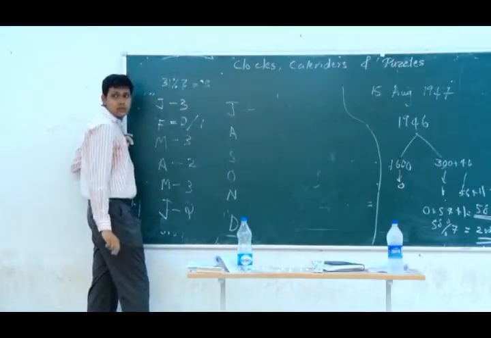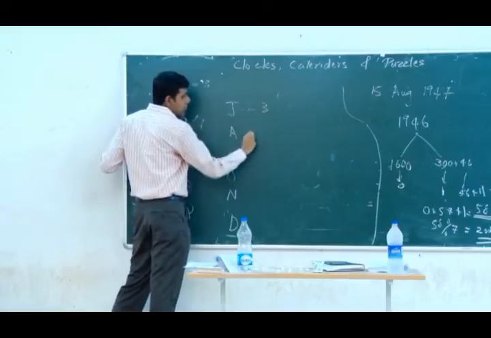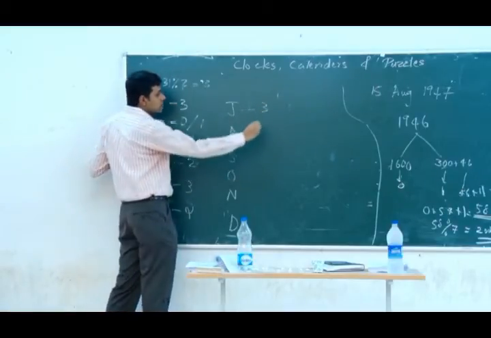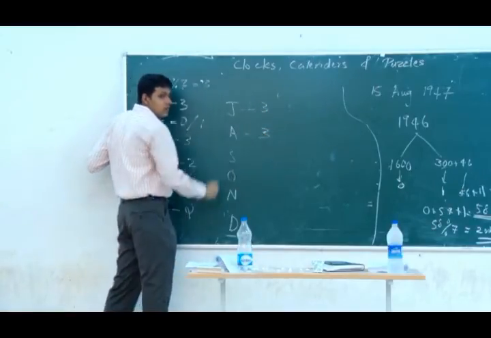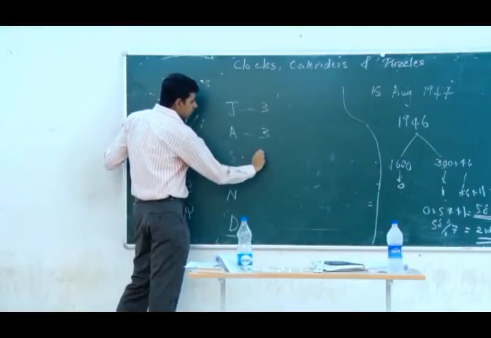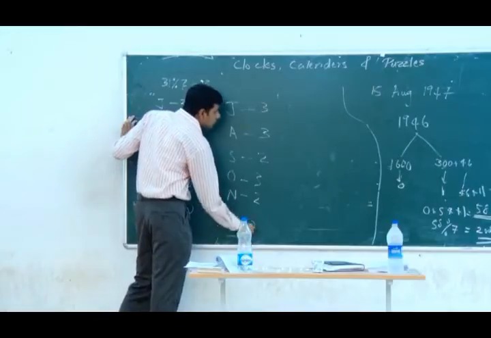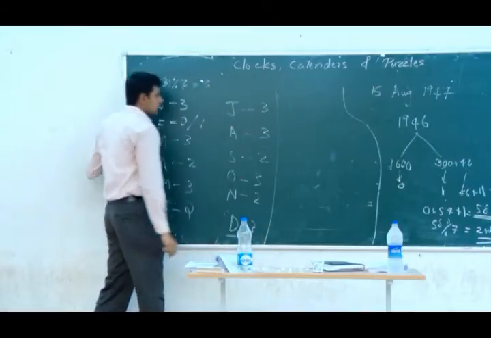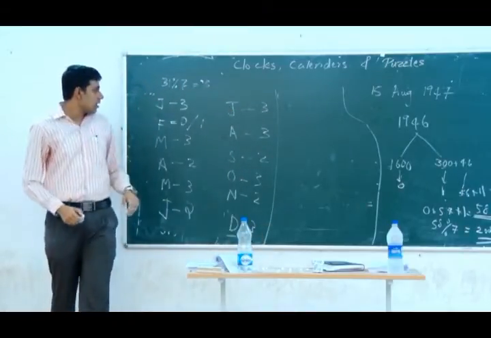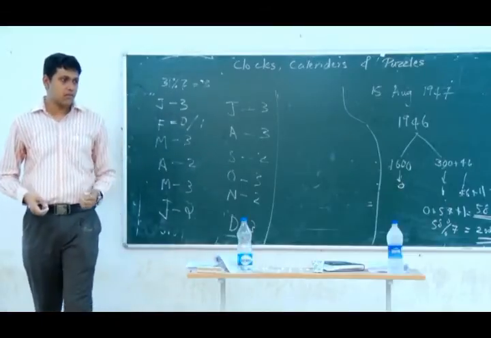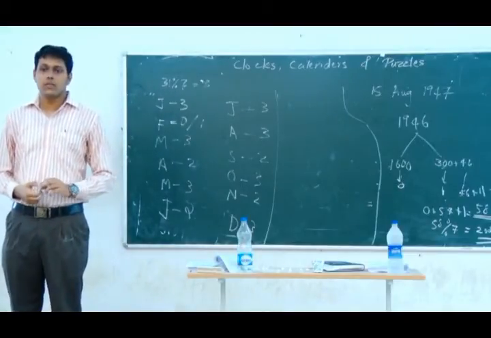July, 31 days, so 3. August, again 31 days, so we have 3. September, 2. October, 3. November, 2. December, 3. So this is the number of odd days according to the months.